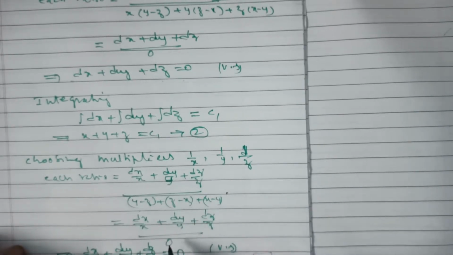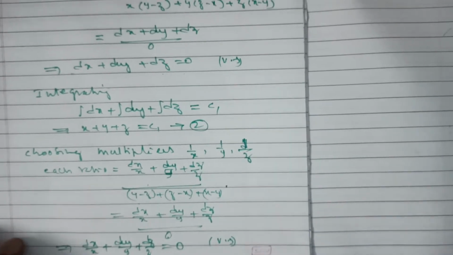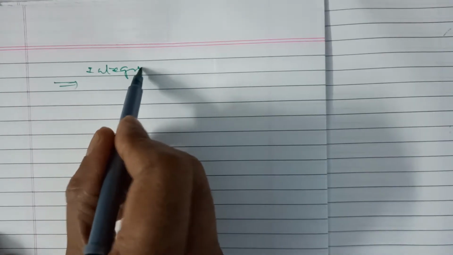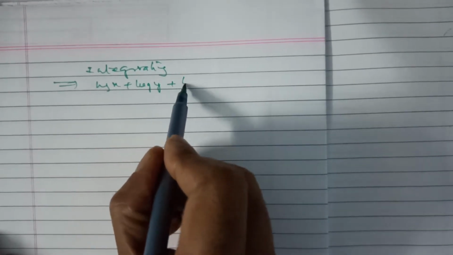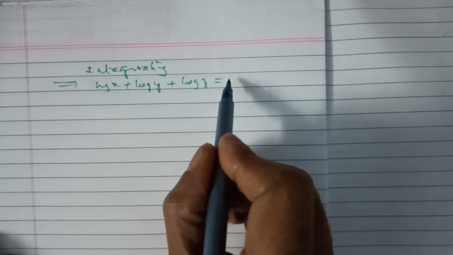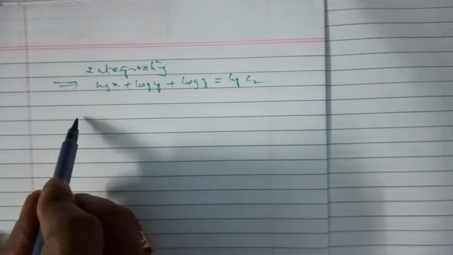So on simplification, the denominator is 0 and the numerator is the same. Cross multiplication gives this, which implies, integrating, log x plus log y plus log z is equal to log c2.